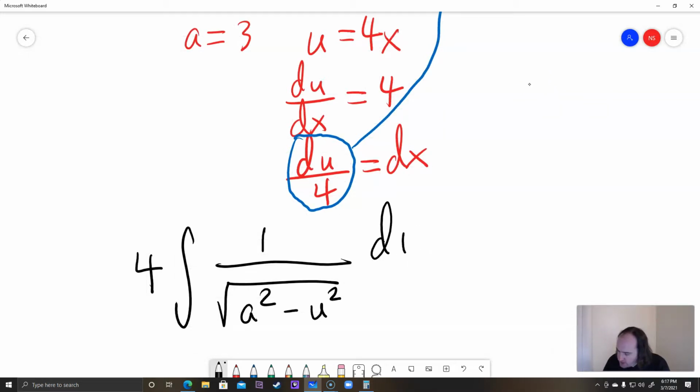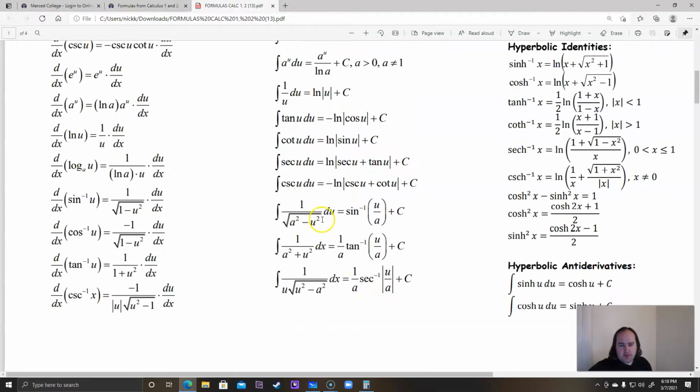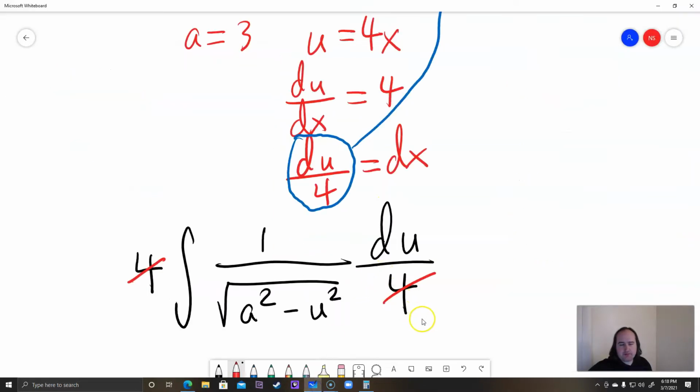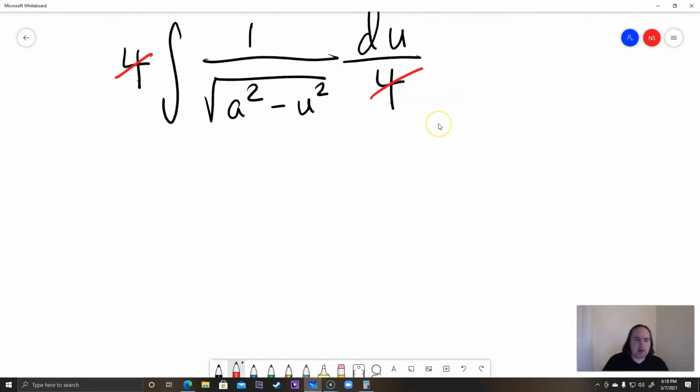Again, just working on this first integral. If I bring the 1/4 out front, the 1/4 and the 4 are going to cancel. So we really just have the integral of 1 over the square root of a squared minus u squared du, which we just said from our formula sheet is sine inverse of u over a plus c.